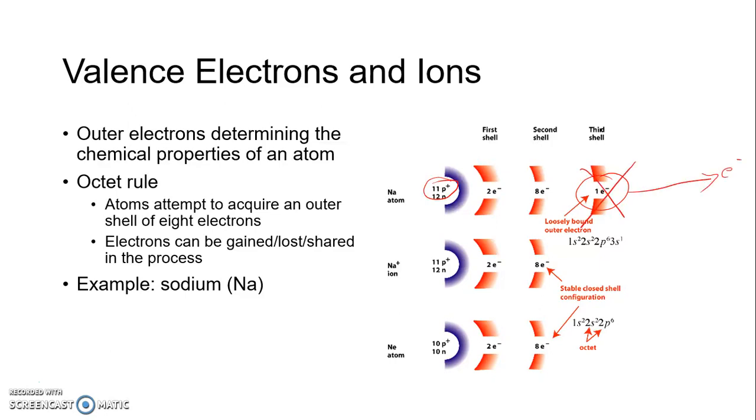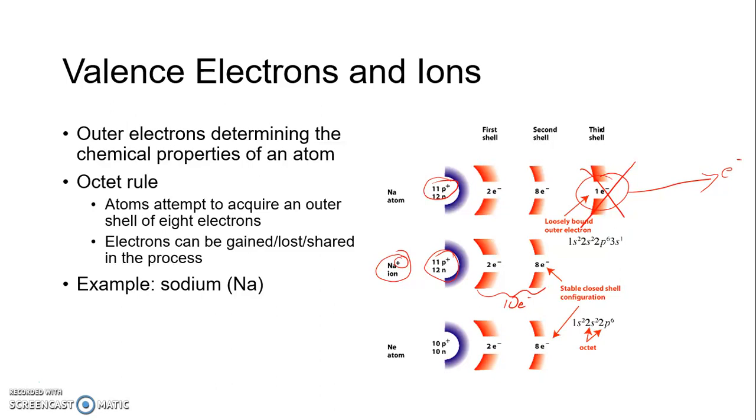So the electron moves away. As a result, you still have sodium with 11 protons, but now you only have 10 electrons. So it's still sodium, nothing's changed there, but since there are more protons than there are electrons, our sodium becomes positively charged. Let me indicate that with this little plus sign right by the sodium.